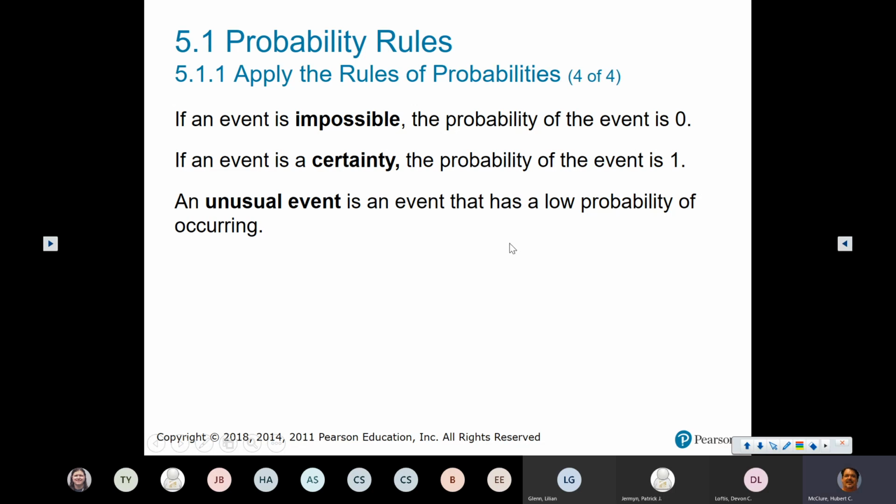Now, there is a question on the test and the standardized test that says, if you have a 0 probability, does that mean the event cannot happen? True or false? If you get a 0 on a probability, does that mean the event will never happen? No. They say that some birth control is like 98, 99%.